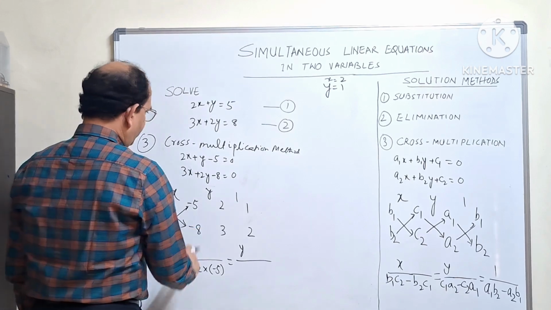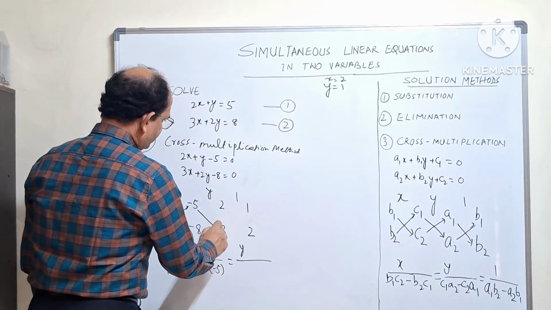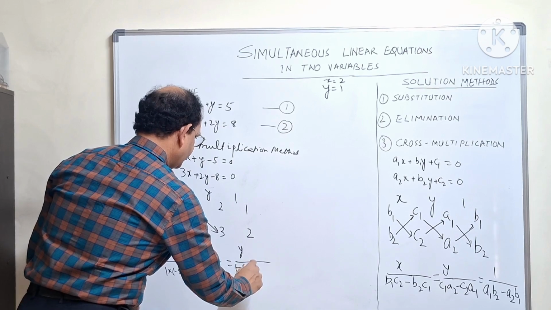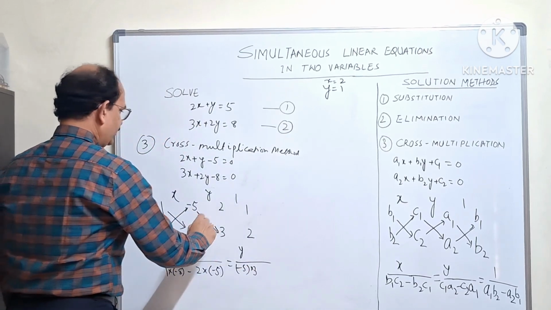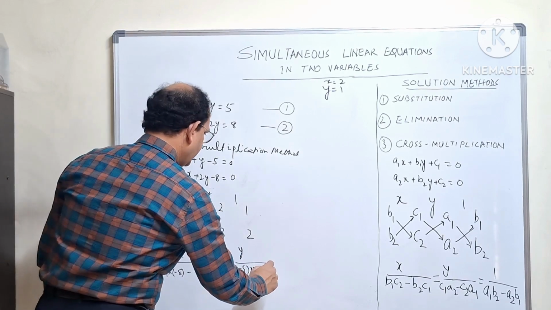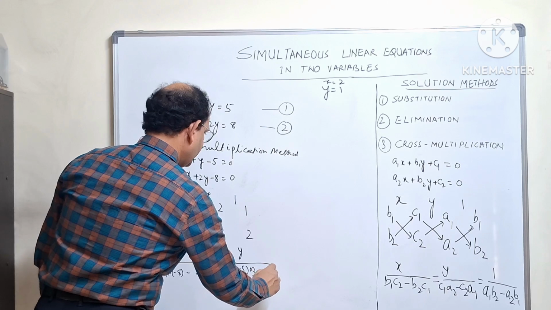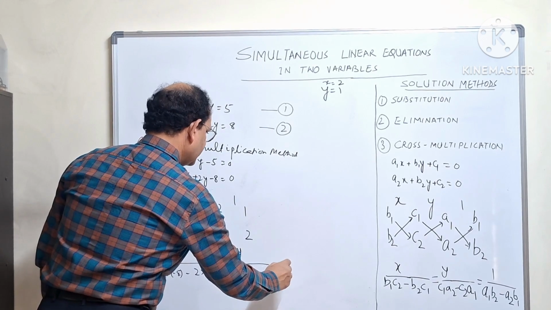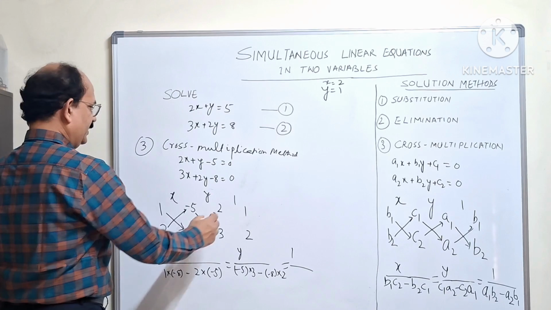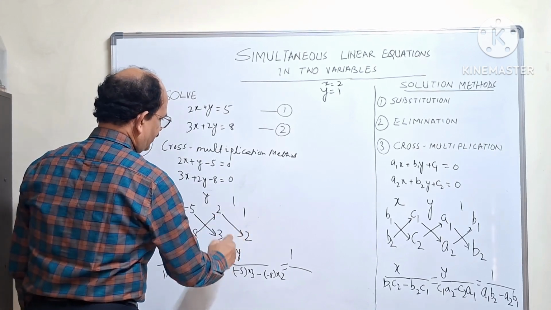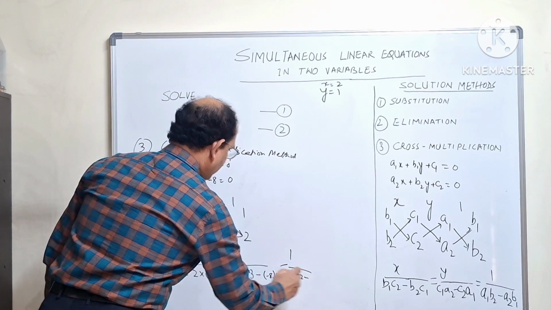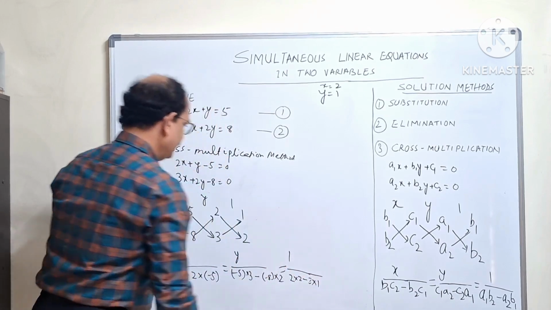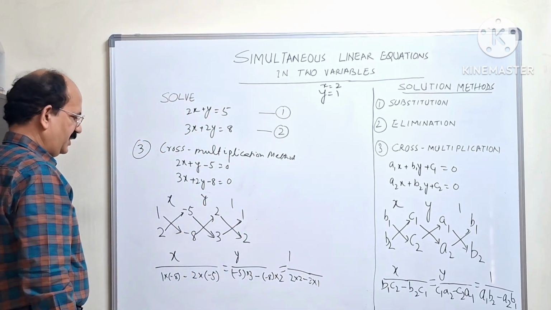Now for y, again I will do this cross multiplication. So that will be minus 5 multiplied by 3, and this cross multiplication, that is minus of minus 8 multiplied by 2. And this will be equal to 1 upon, now this cross multiplication, that is 2 into 2 minus 3 into 1. So I have written it in this form.